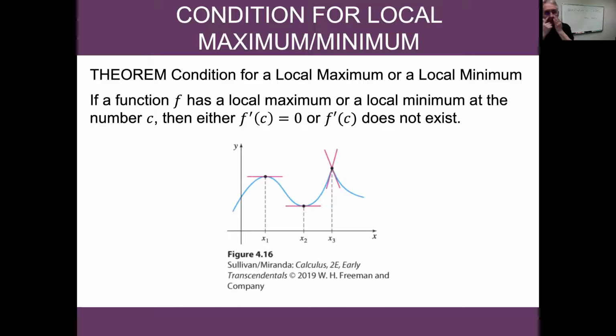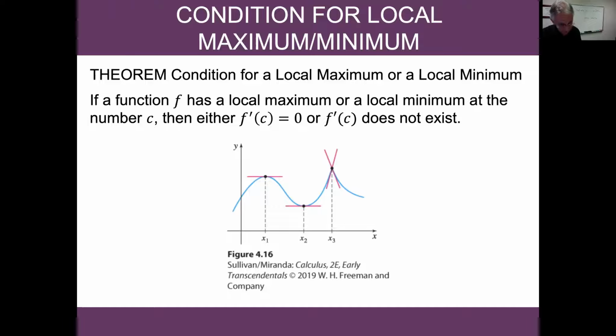And the condition for a local max or local min now is that if a function has a local max or local min, then the derivative at that point, the slope, is equal to 0, or the derivative at that value of x doesn't exist. You can see the examples they give here. At x1 and x2, the slope is 0, so therefore those are local maximums or minimums.